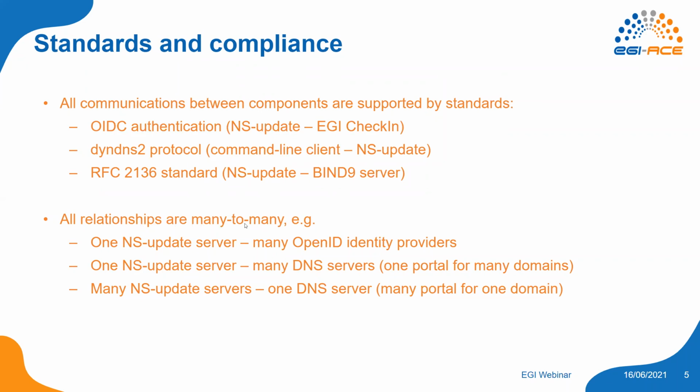The relationship is many-to-many, which means that we can use multiple OpenID identity providers with the same NS updater server. We can use multiple DNS servers for the same NS updater server and vice versa. So we are free to extend the service with additional identity providers, additional DNS domains and additional DNS servers. It's easy to extend.